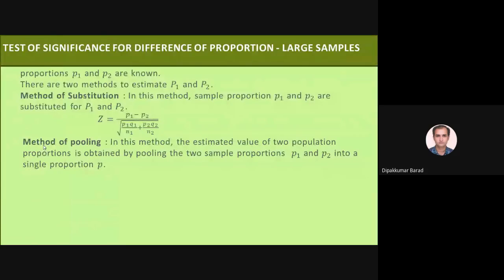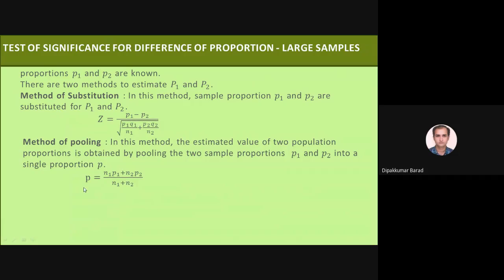We find small p as n1 p1 plus n2 p2 upon n1 plus n2.